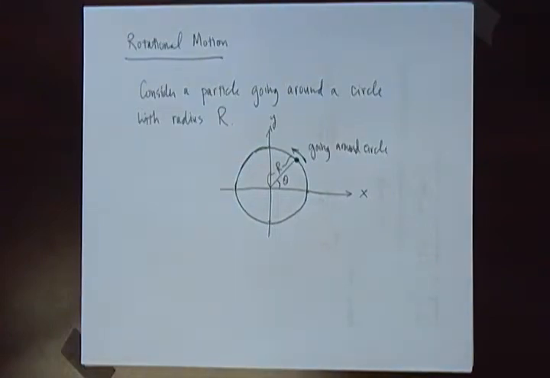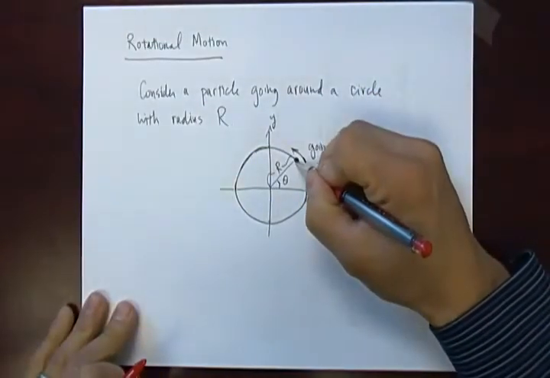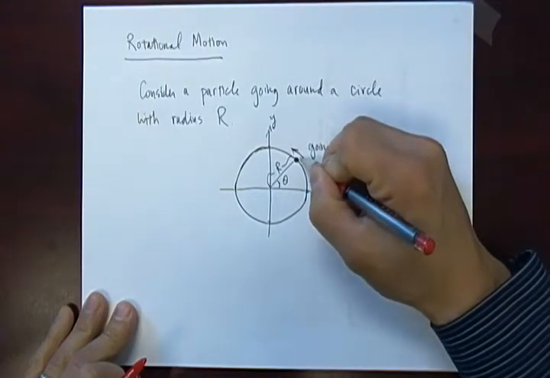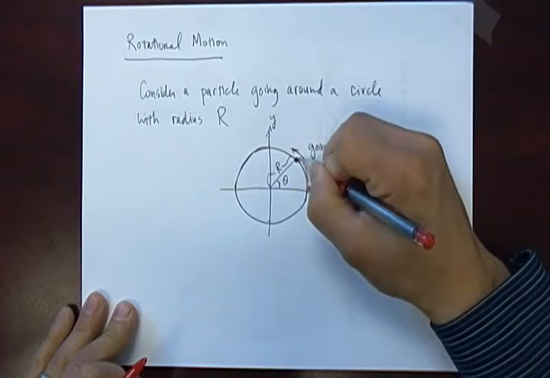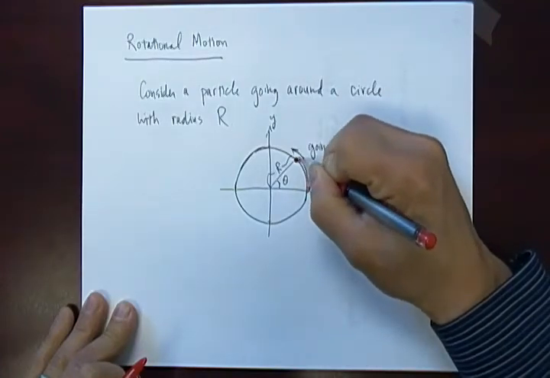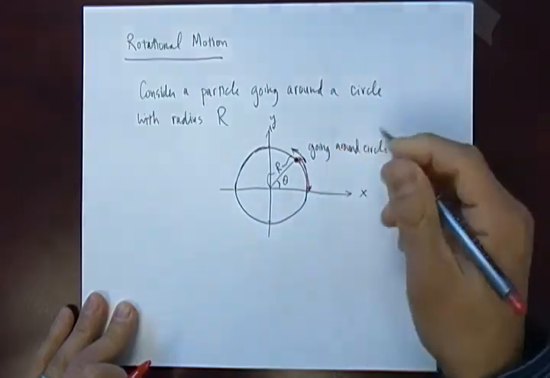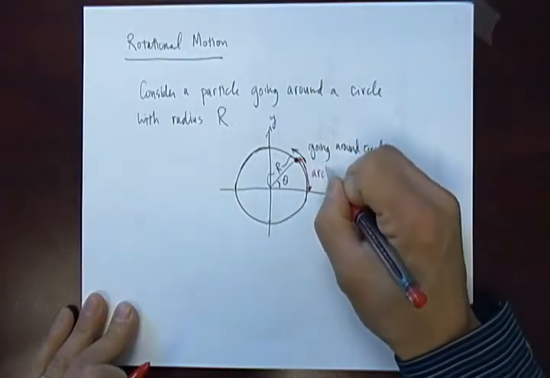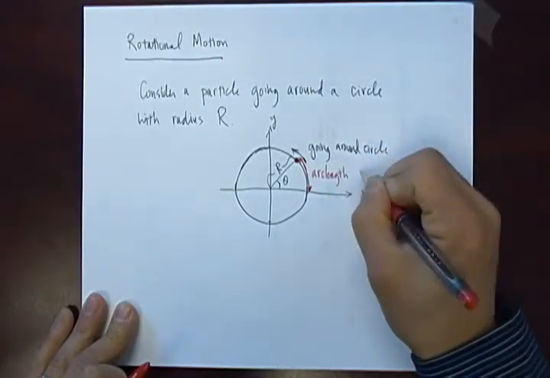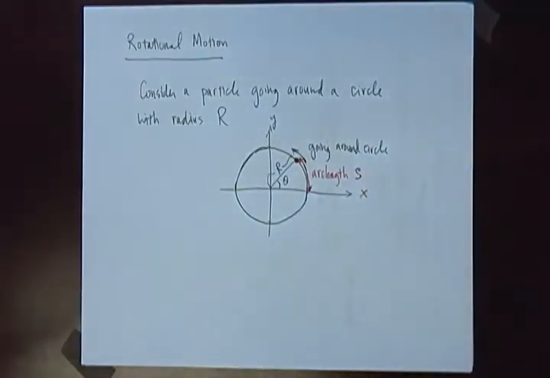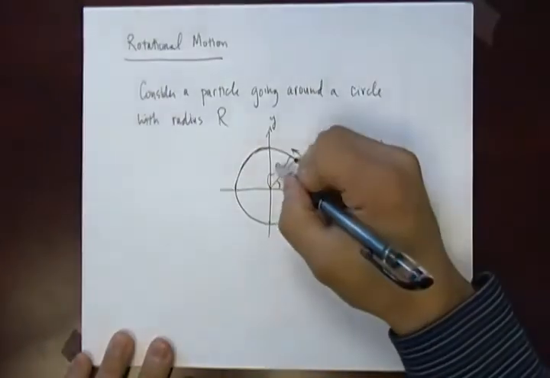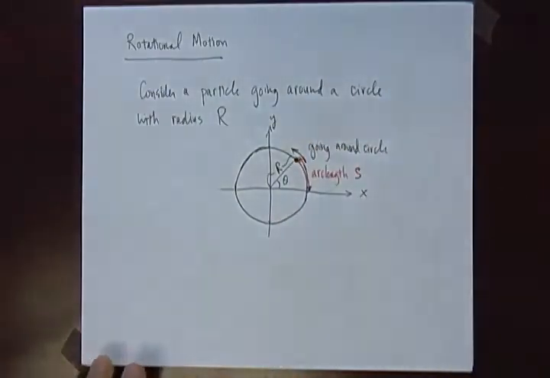Now, I also want to define something over here, this distance from here to there. This is what's called the arc length, and we'll call that small s, not capital S. So capital R is the radius, small s is the arc length.